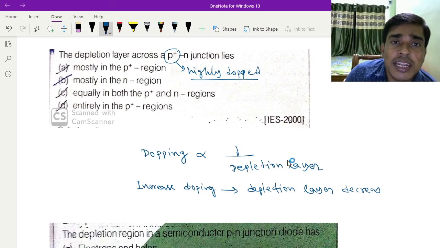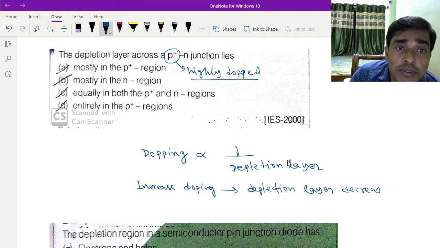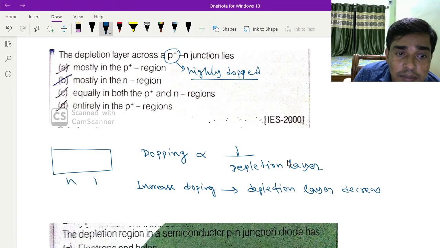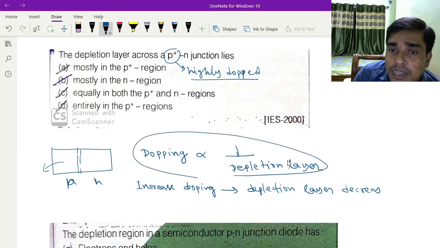So here you see that the depletion layer across the P plus N junction lies mostly on the N region. Here you see, if this is the PN junction, then P is highly doped. So this is highly doped, which means the depletion width on this side will be lower because of this relation.